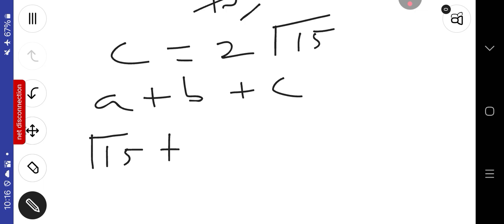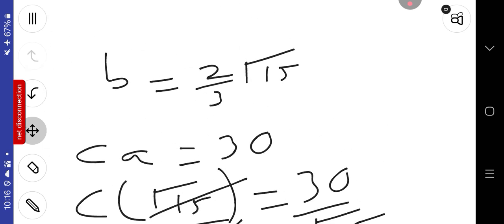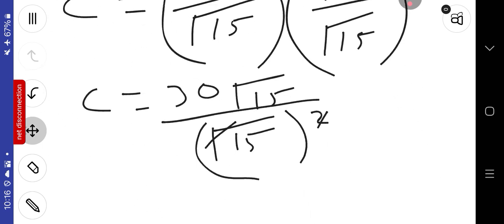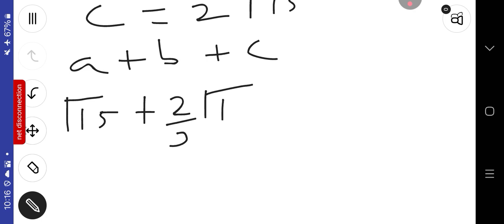B, now let's go and check B. Let's see what we had for B. B is 2 over 3 multiplying root 15. So you're going to have B, 2 over 3 multiplying the square root of 15, plus C is 2 root 15.